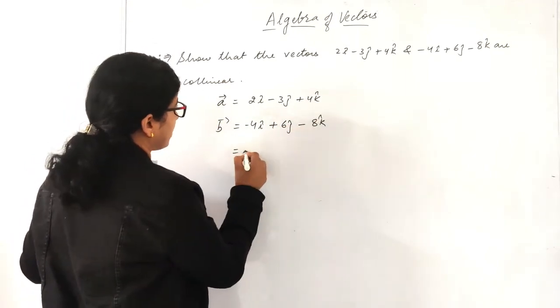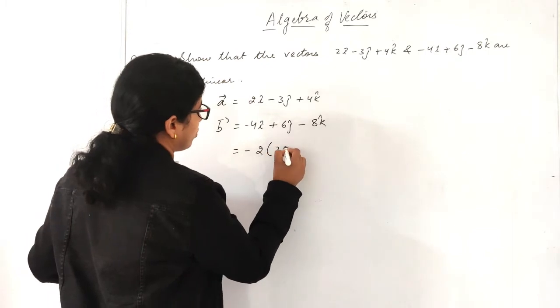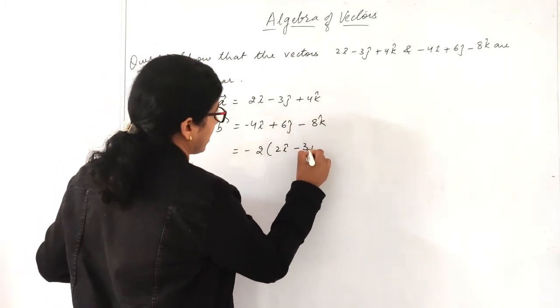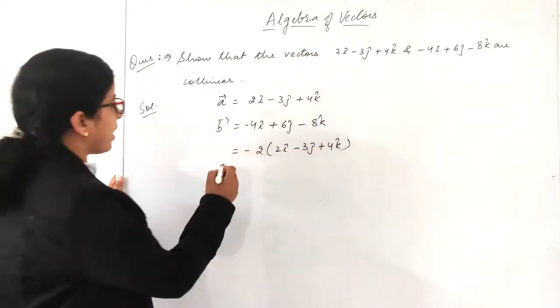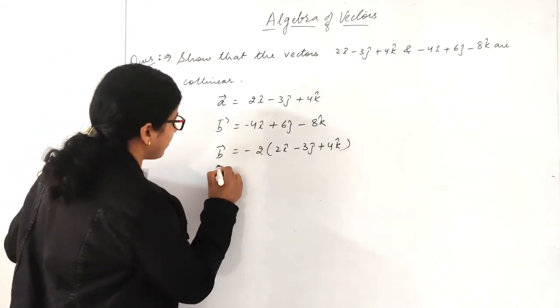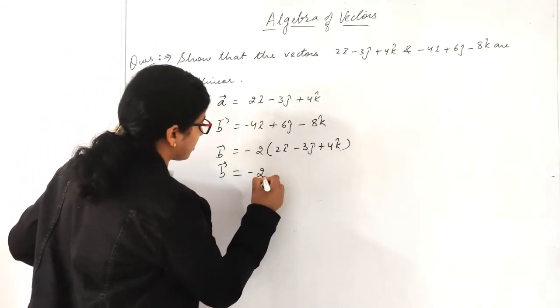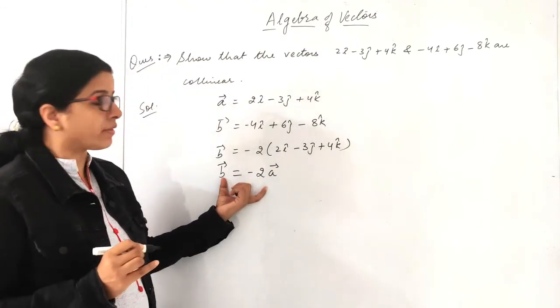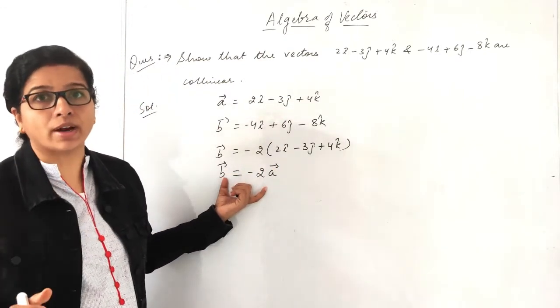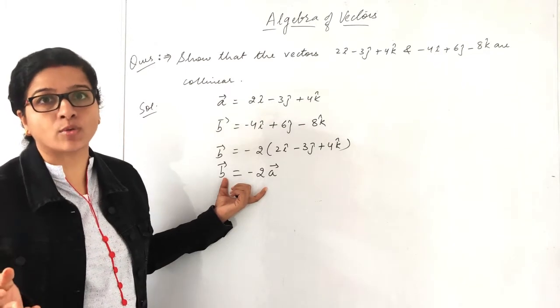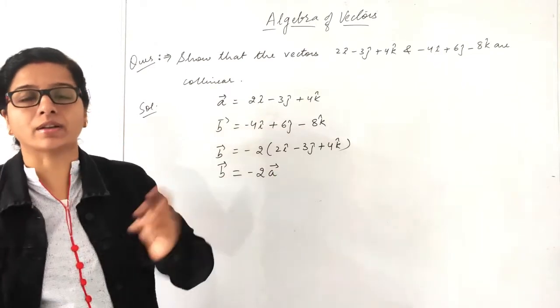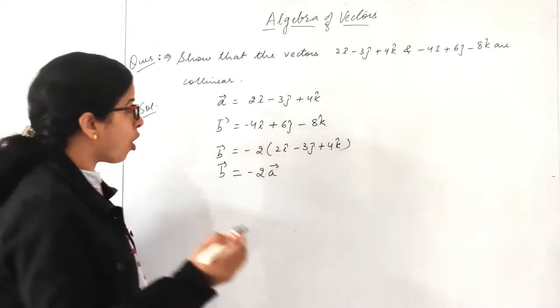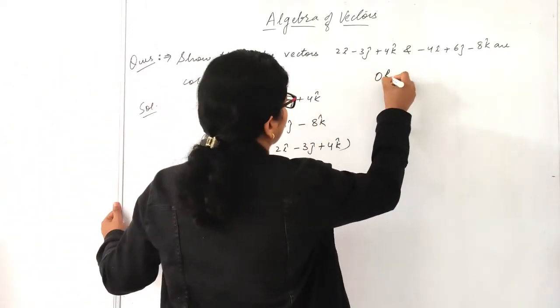So I can take out minus 2 common here, leaving 2i minus 3j plus 4k. So I have written B vector equals minus 2 of A vector. So I am able to write B vector in terms of A vector, times some scalar quantity. Hence A vector and B vector are collinear. Or what you could have done, you could have written it this way also.